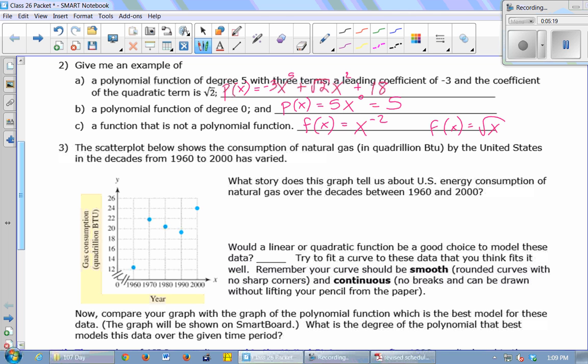So we're measuring in quadrillion BTUs by the United States in the decades from 1960 to 2000. So our consumption of natural gas has varied from pretty low to high to low to high. So what does this graph tell us about our consumption of natural gas over the decades from 1960 to 2000?